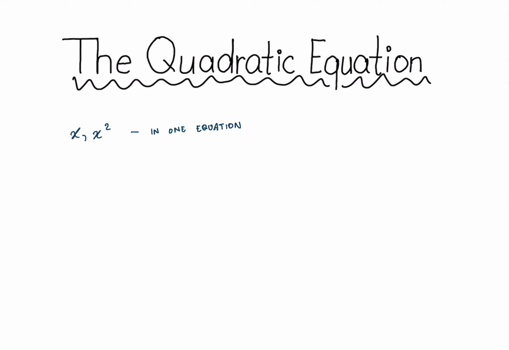So we talked about how we would be finding the value of the variable, which over here is x, and how we would be finding the value of x in a quadratic equation. We had the quadratic equation x squared plus 2x plus 1, which gives us 0. So what we did, we substituted 2x as x plus x, and then we factorized it, so x plus 1 and x plus 1.